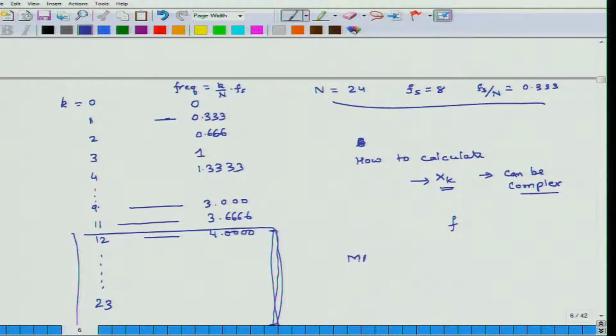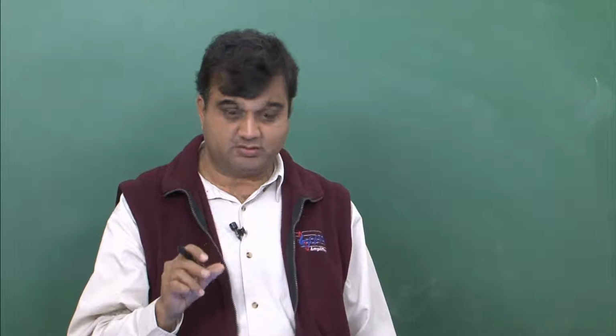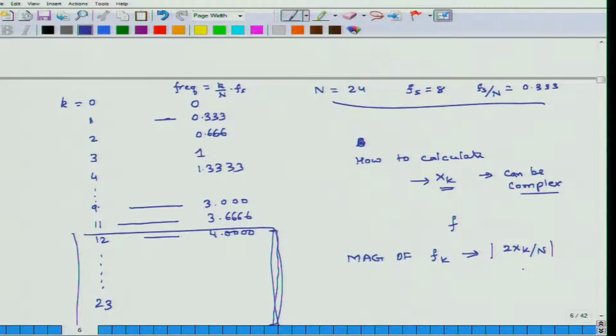So, the magnitude of Fk, kth frequency, will be 2Xk over N. The complex amplitude was 2Xk over N. The absolute magnitude, because Xk can be complex, will be the modulus of 2Xk over N, and the phase of kth frequency will be tan inverse of imaginary of Xk divided by real of Xk. Okay. Is this clear?